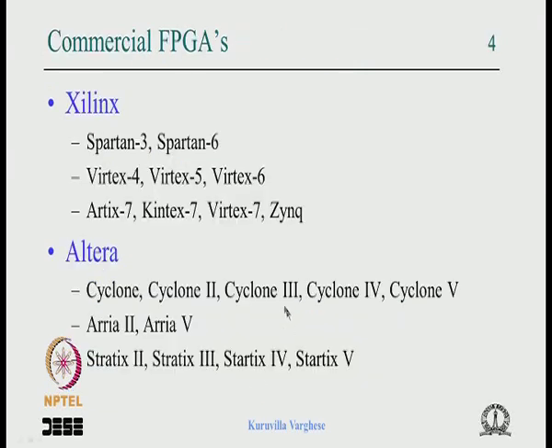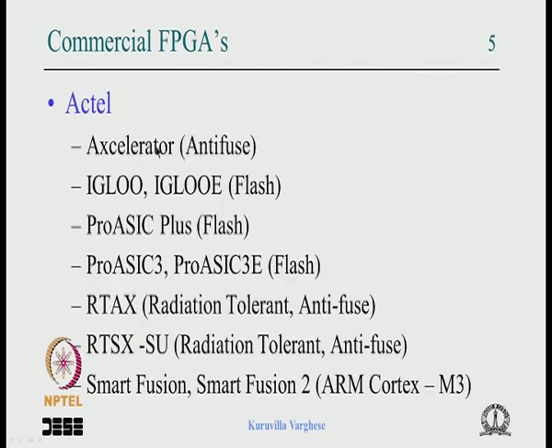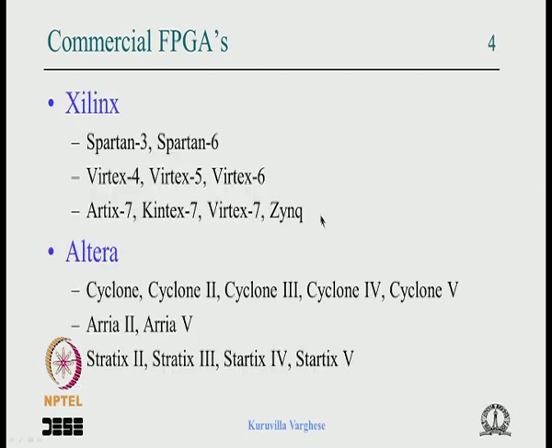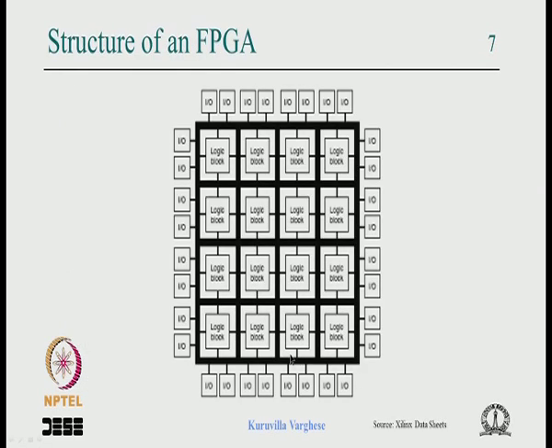We have seen commercial FPGAs, Spartan and Virtex from Xilinx, and Cyclone, Stratix and Arria from Altera, and Actel has ProASIC Plus, Accelerator and a radiation tolerant version of the Accelerator, SmartFusion with an ARM core and things like that. And of course, as I said, Xilinx has Zynq with a dual core ARM, and Altera has the soft core Nios processor. So this is the general structure of an FPGA.